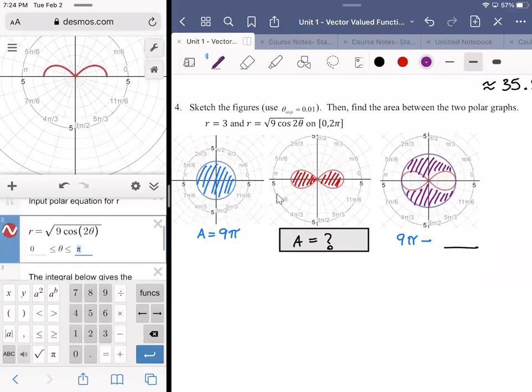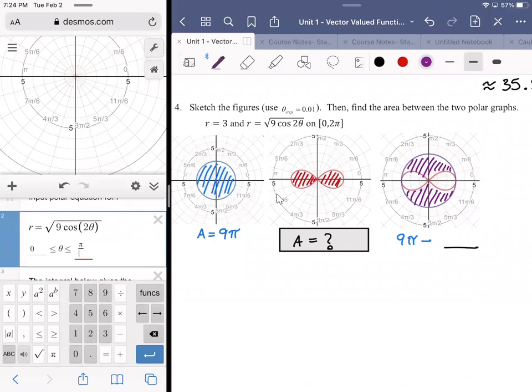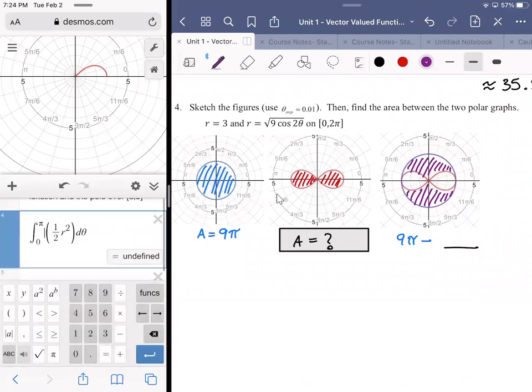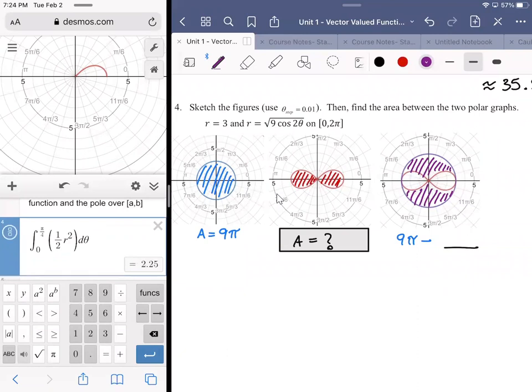So let's say I only do 1/4 of pi, not 1/4 of the whole thing. We're finally at a point where we get an answer, so that's something, right? 2.25. That's kind of nice. There's something there, right?